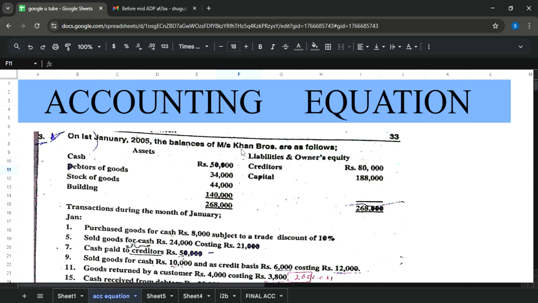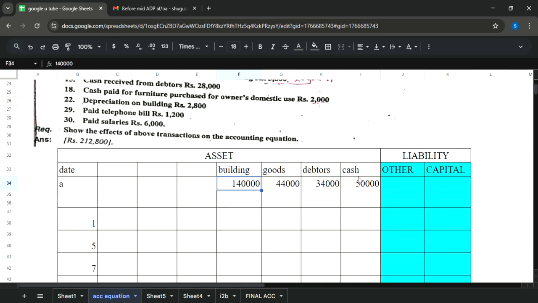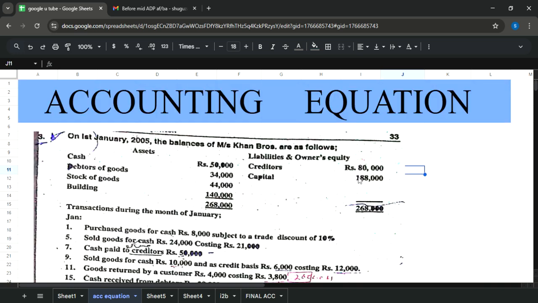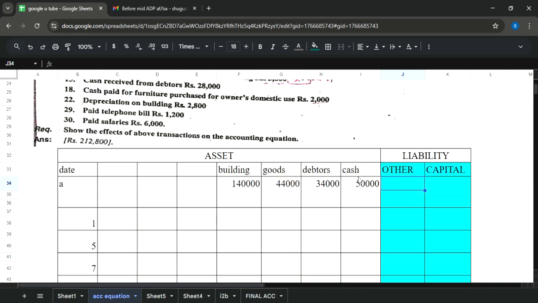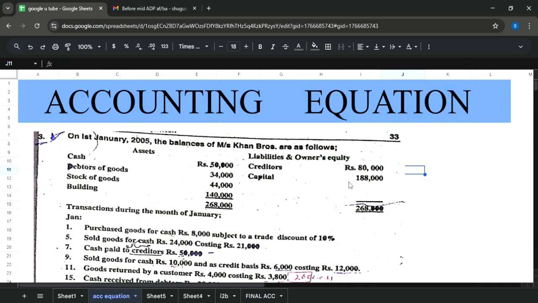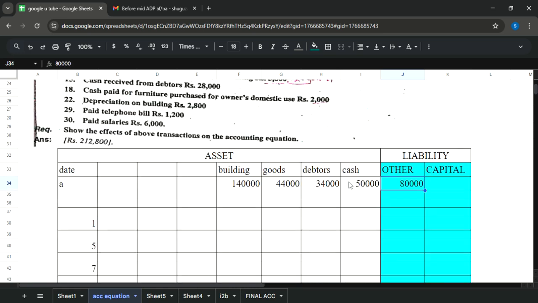Now we are transferring our focus to the liability side, where creditors are already mentioned. They would be written in others and the amount of creditors is 80,000. After which we have capital 188,000. So you will put 188,000 over here.